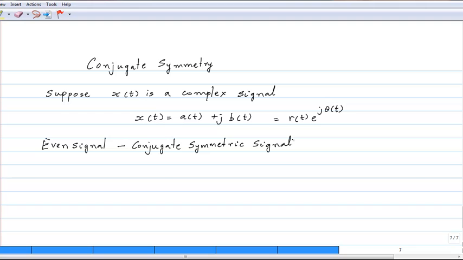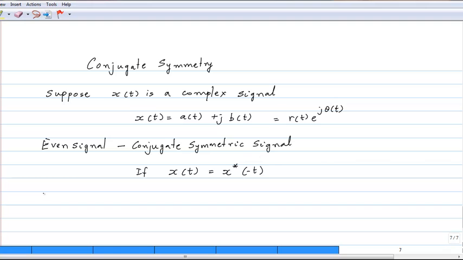What it means is, a signal is conjugate symmetric if x of t is equal to x conjugate of negative t. Notice the conjugate here. The definition does not say that x of t is equal to x of negative t, rather it says x of t has to be equal to the conjugate of x of minus t.